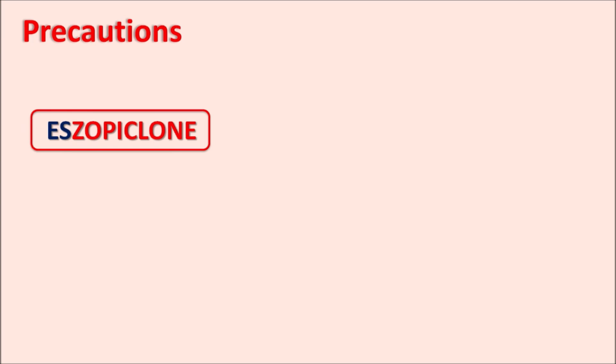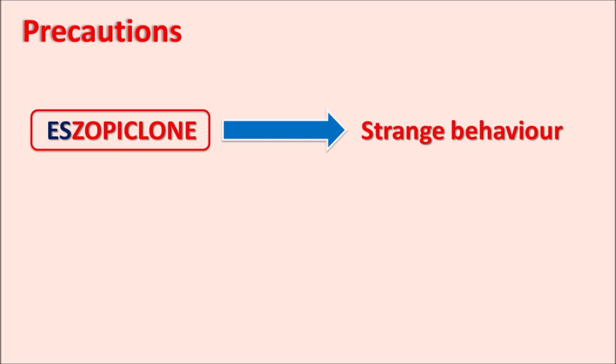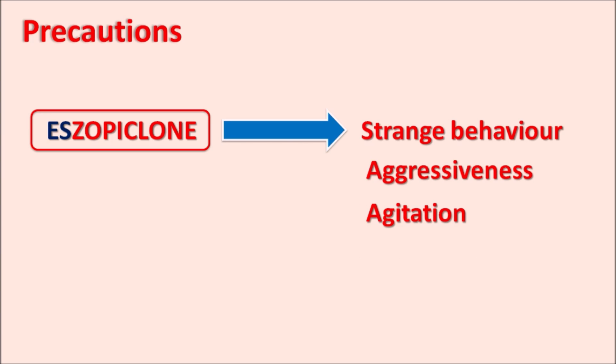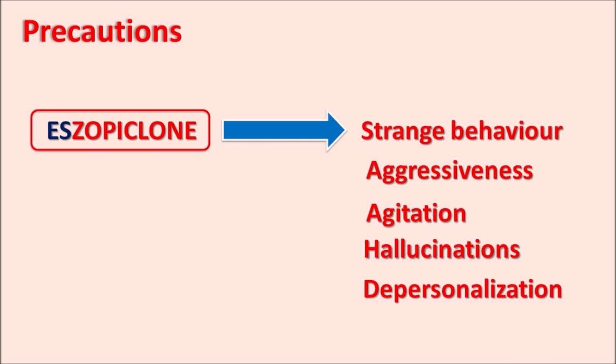What are the precautions? One of the important precautions of S-Zopiclone is that this drug can produce strange behavior and abnormal thinking, and in patients we can observe symptoms such as aggressiveness, agitation, hallucinations, and depersonalization. The patient may feel some unreality.